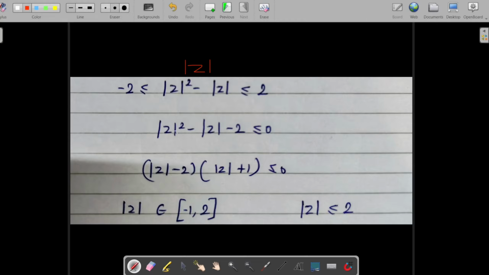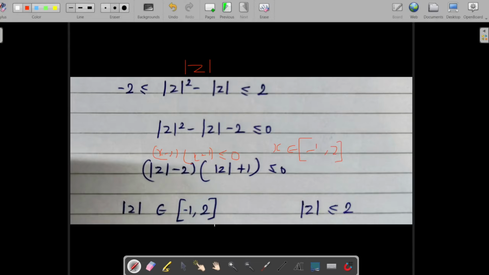Focus on this side. So mod of z whole square minus mod z minus 2 less than or equal to 0, you can factorize it as a basic inequality, mod of z minus 2 into mod of z plus 1 less than or equal to 0, mod of z belongs to minus 1 to 2. That is how we do, right? If x minus 2 into x plus 1 is less than or equal to 0, we basically get x belongs to minus 1 to 2, right?